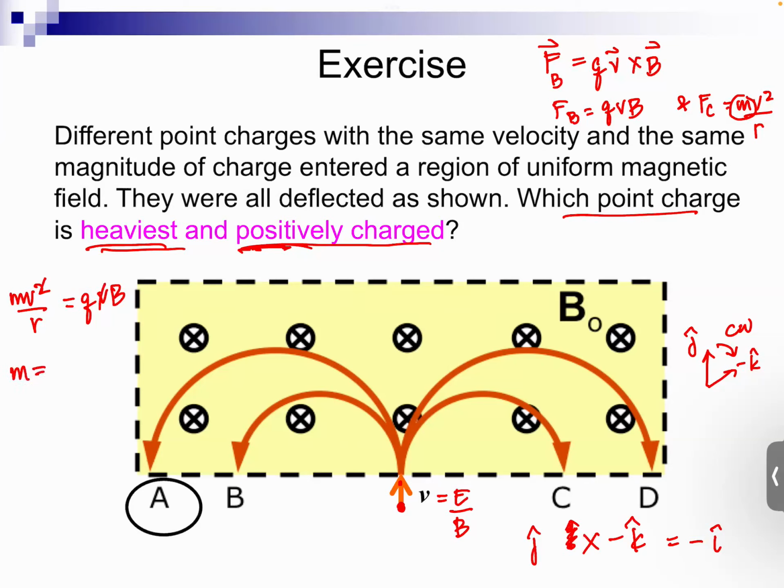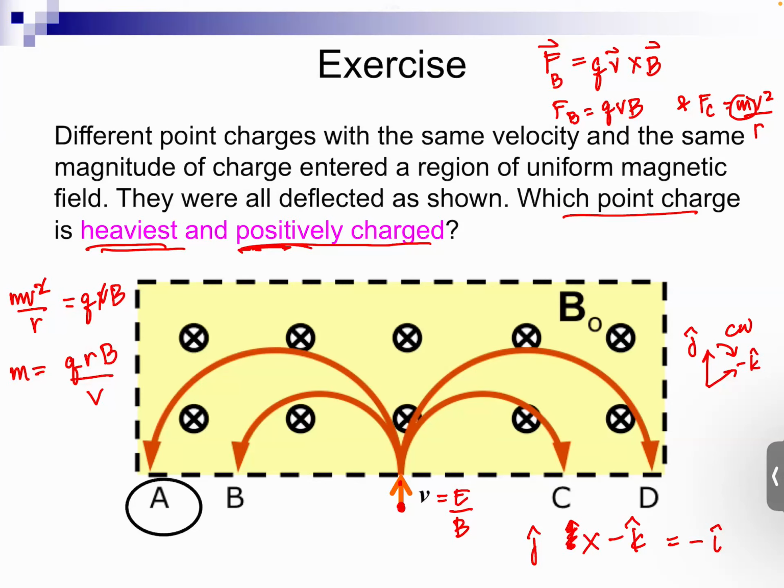The mass is equal to qrB over v, which tells you that the mass is directly proportional to the radius. Yeah. So the bigger the radius of the circular path is, the bigger the mass.